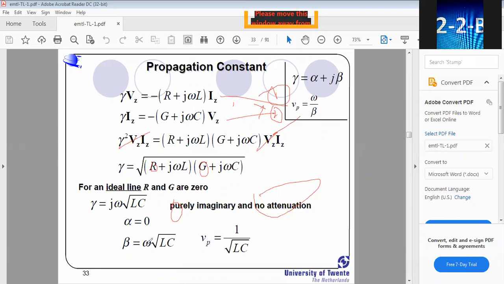But what does phase velocity actually mean? Phase velocity equals omega by beta. From that we get 1 by root LC.